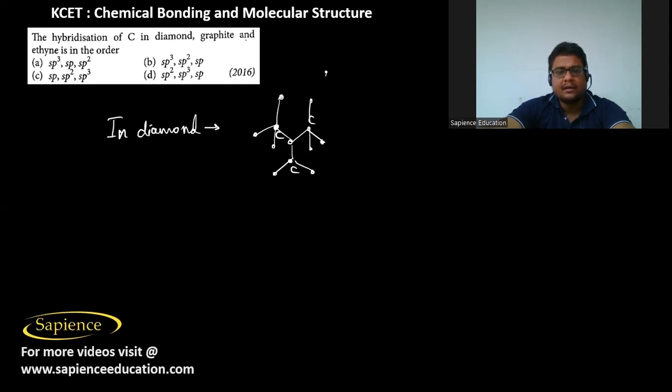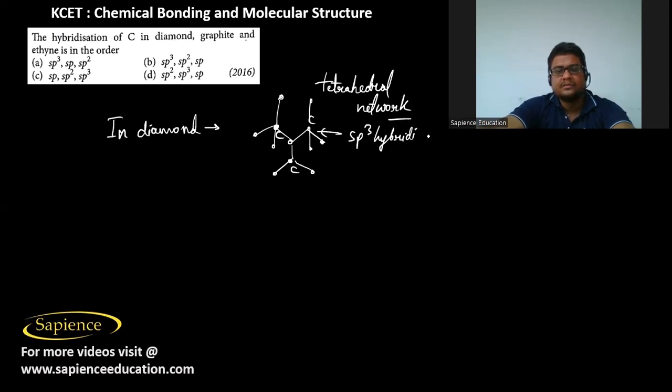A tetrahedral network is formed in case of diamond, since every carbon atom is linked with four other carbon atoms. So here every carbon atom is sp3 hybridized.